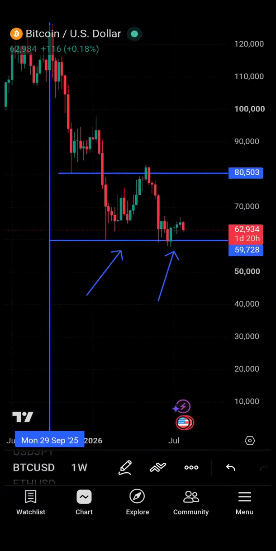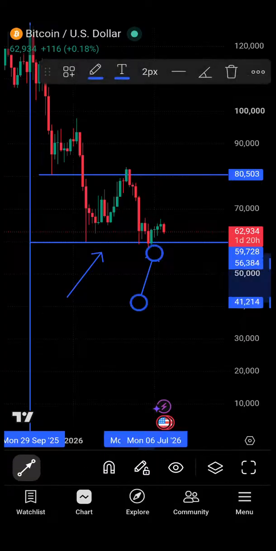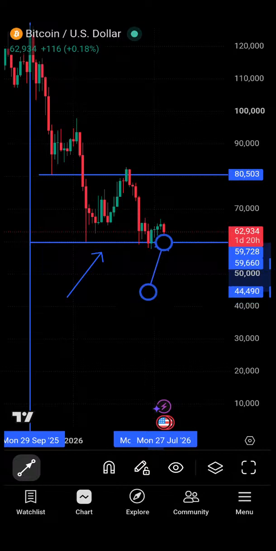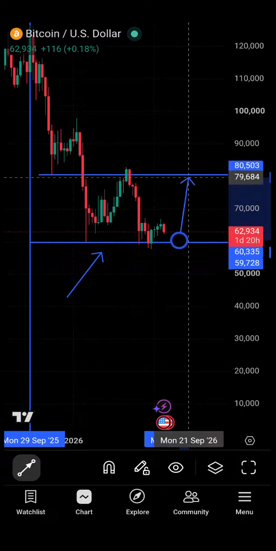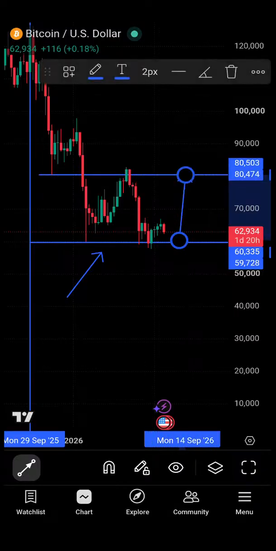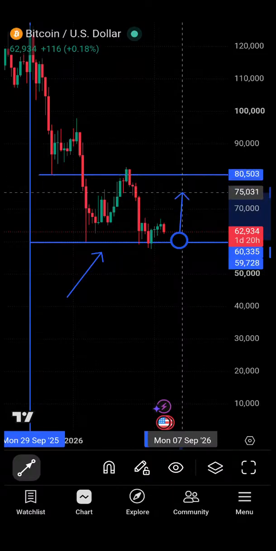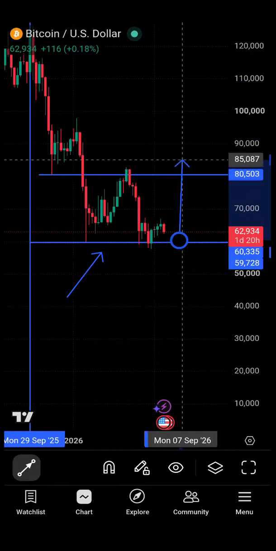We are on the weekly time frame. So we want to see if Bitcoin is going to drop, or it is going to come back and test this area, or continue moving towards the upside.